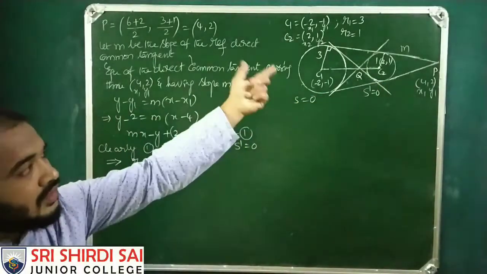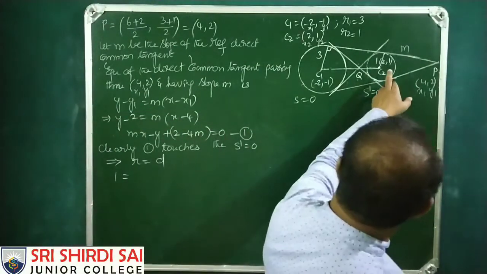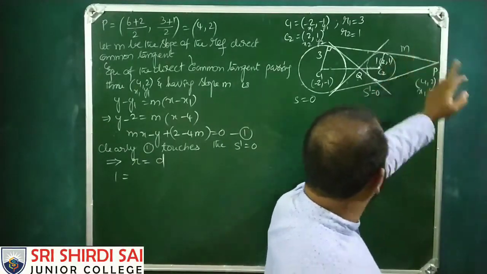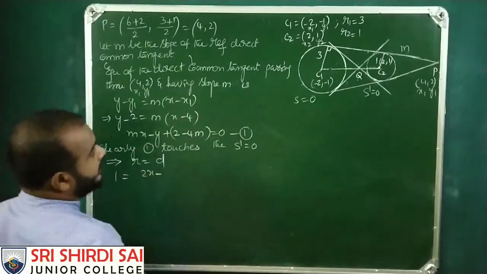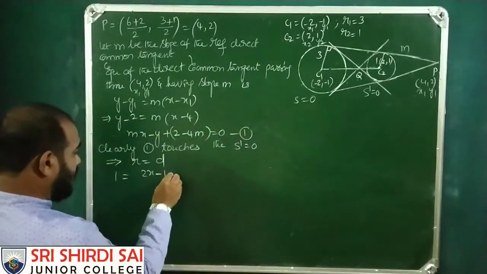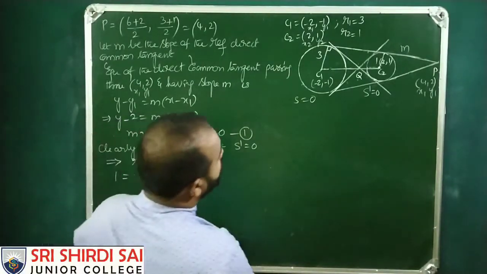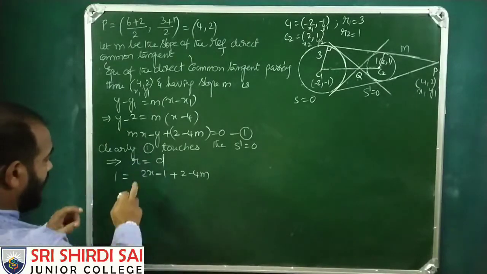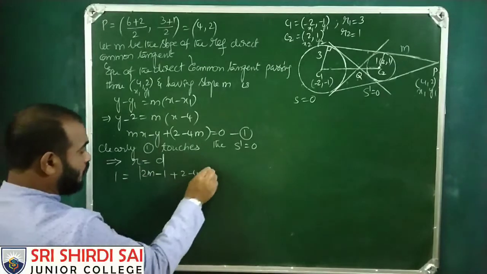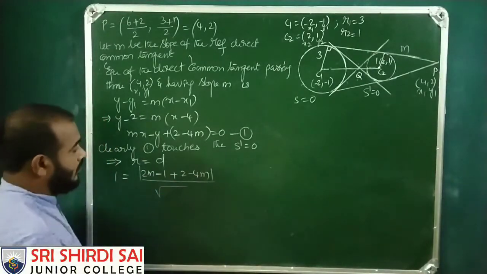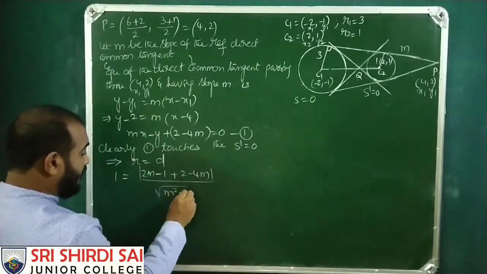What is the center of the second circle? 1 is equal to d, the perpendicular distance from the center of the second circle to the line. So m into x, 2x minus y is 1, plus 2 minus 4m. So 2m by the square root of m square plus 1.